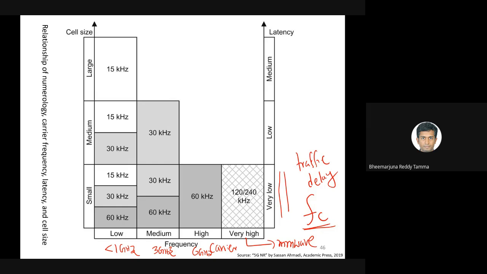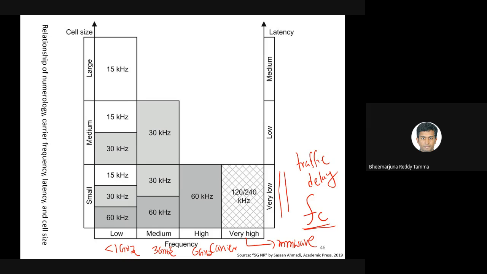So if you want extremely low traffic delay, you will be going for higher numerologies. But they also have smaller cell size. Is that clear?